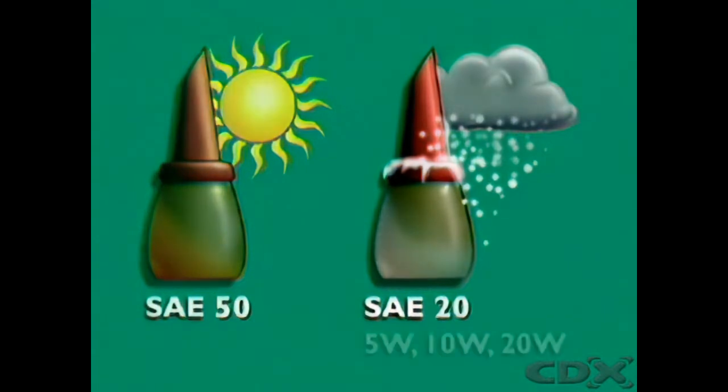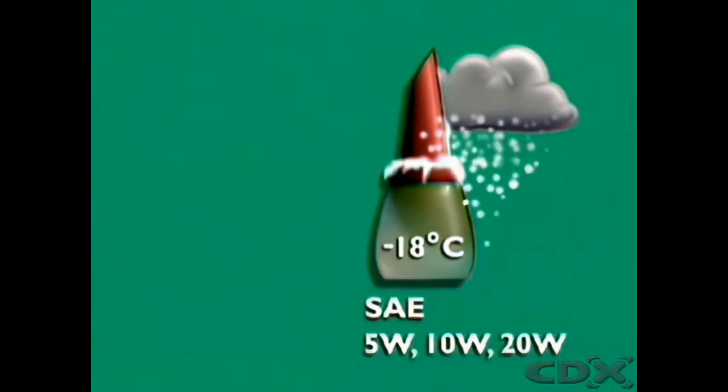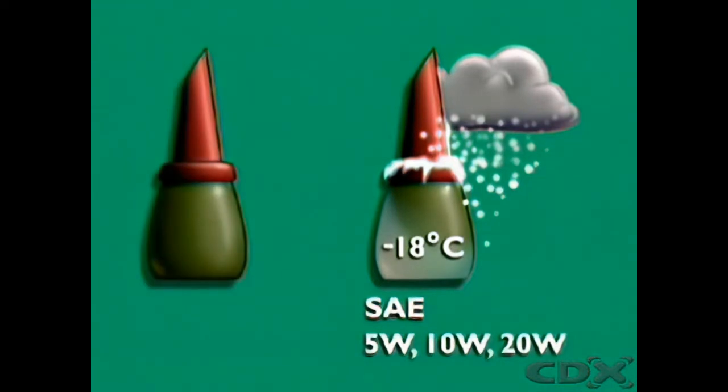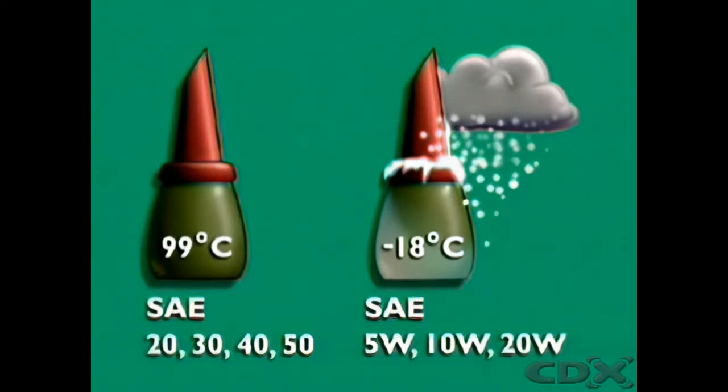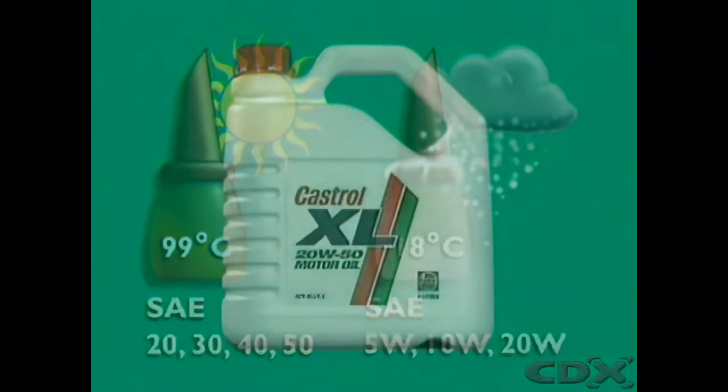Oils with low viscosity ratings, say SAE 5, 10 and 20, were tested at a low temperature, around 25.2 degrees Fahrenheit or minus 18 degrees Celsius, and were used for cold conditions. Oils with high viscosity ratings, say SAE 20, 30, 40 and 50, were tested at a high temperature, around 210 degrees Fahrenheit or 99 degrees Celsius, and were used for hotter conditions.